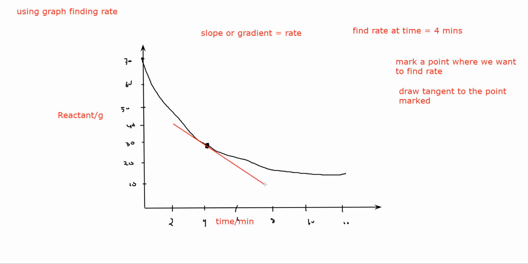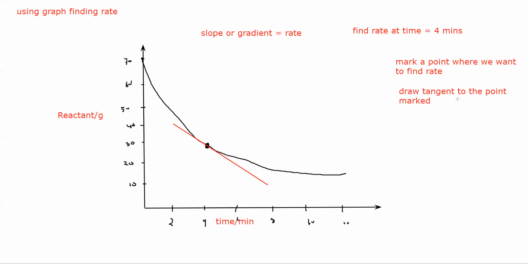Why? Because when you draw a longer tangent, your answer is closer to the accurate value. So try to draw a longer tangent like 5 centimeters, depending on the graph as well. But 5 centimeters is enough to get an accurate answer. You can draw a longer or a shorter tangent.